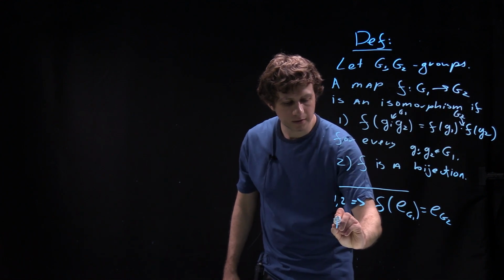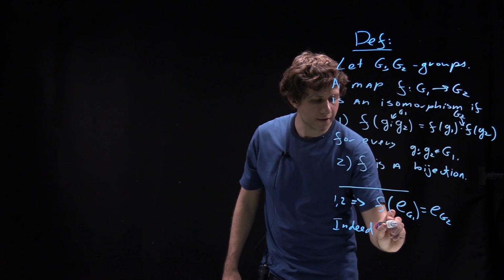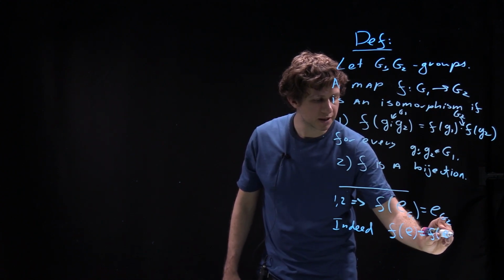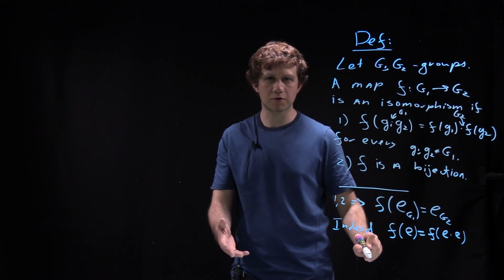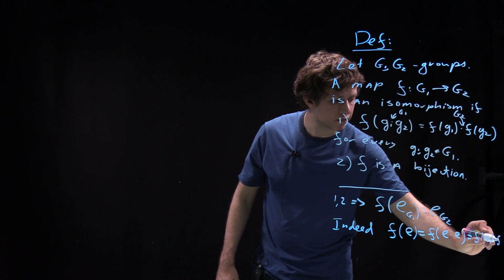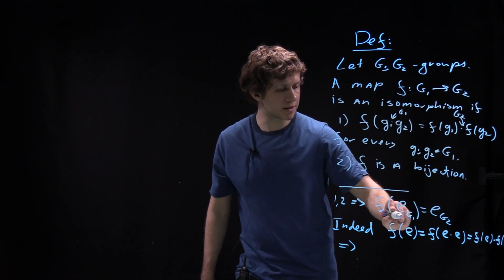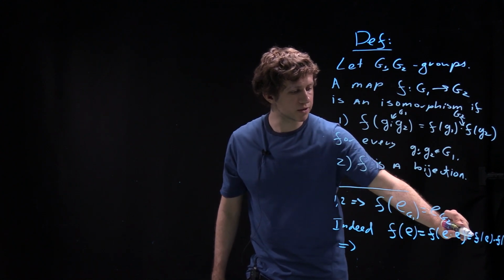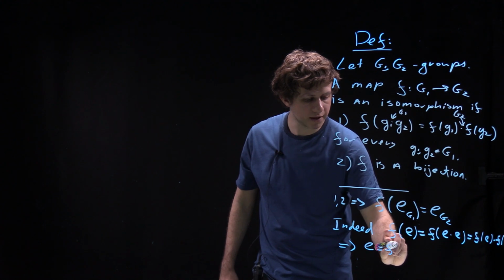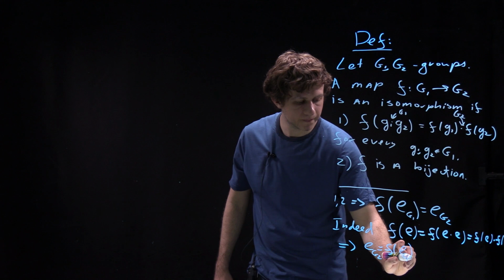So indeed, F of the unit is the same as F of the unit times the unit, just because the unit is unit times unit, which is F of E times F of E, and we can apply the cancellation property. So this is something times E equals F of E times E, so this implies that E equals F of E. Just here you should remember that's not the same E, that's in G2, that's in G1.